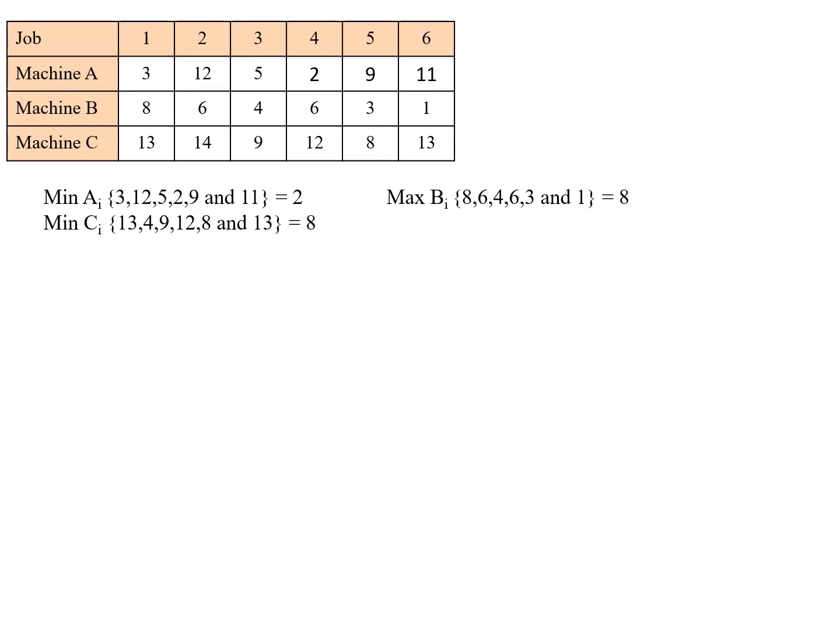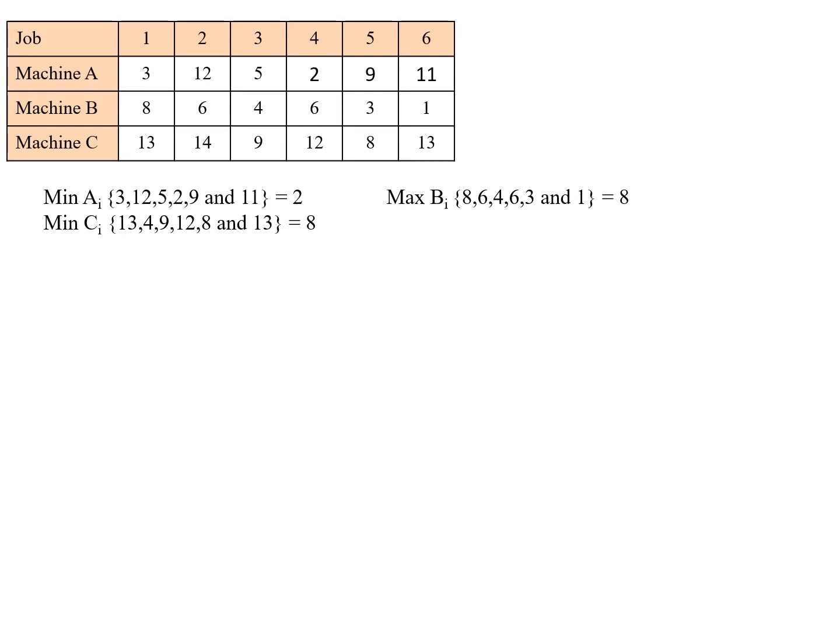In the problem, machine A has the processing times 3, 12, 5, 2, 9 and 11 for job 1 to 6. Among these values, the minimum value is 2.